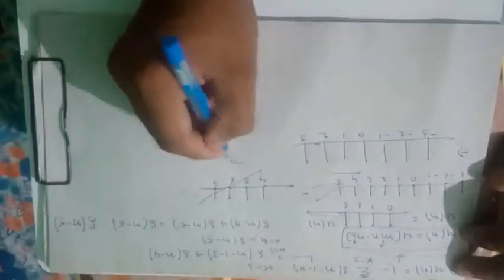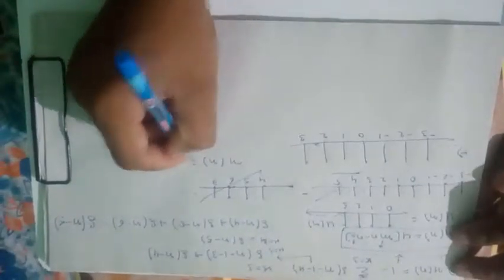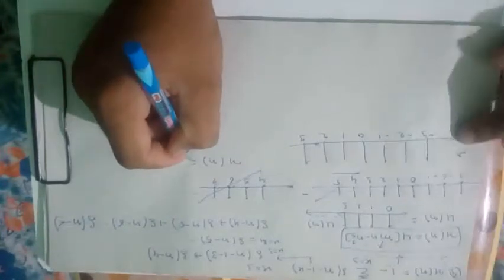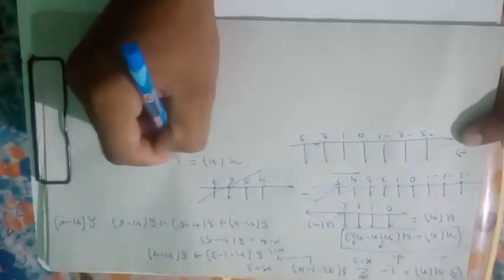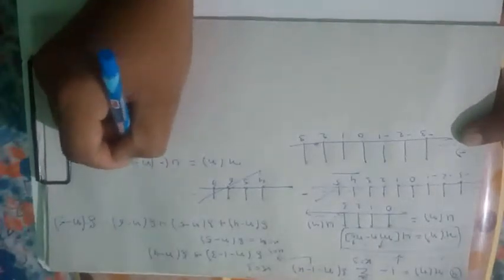Now, x of n. You know that this is u of n. Can we write x of n equals u of minus n minus 3? Why?